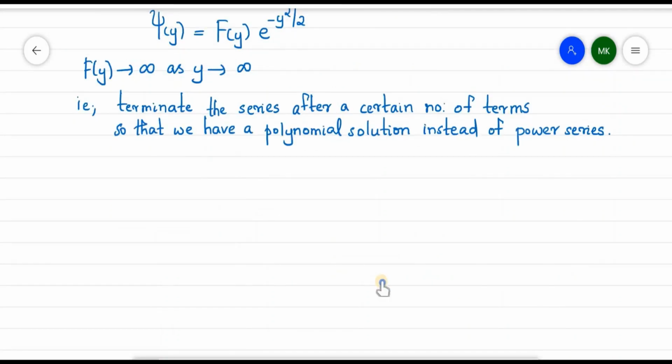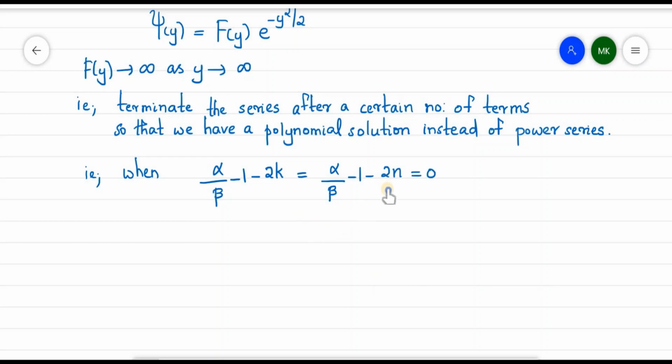And this is possible if for a certain value of k, say n, the numerator in equation 9 vanishes. That is, if k equals n, alpha by beta minus 1 minus 2n equals 0.